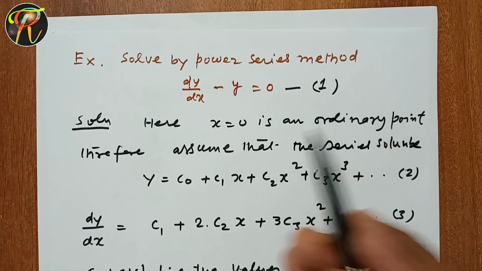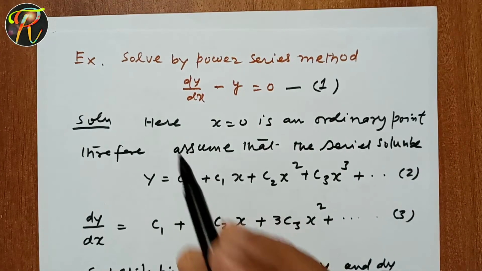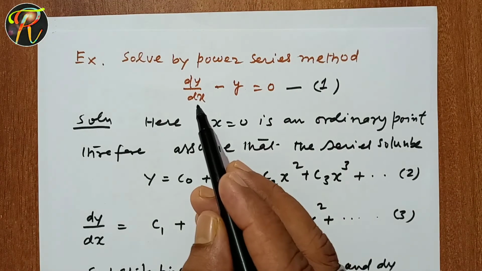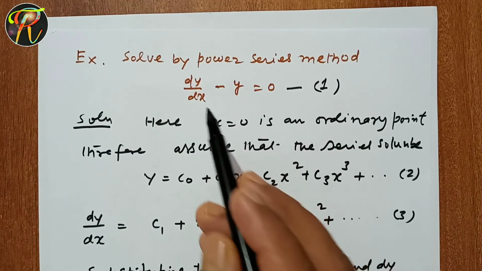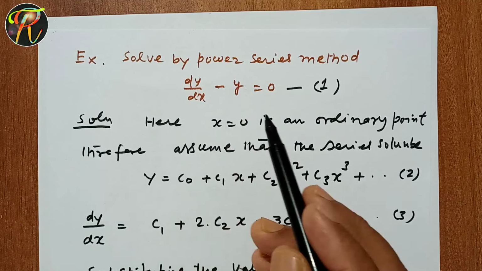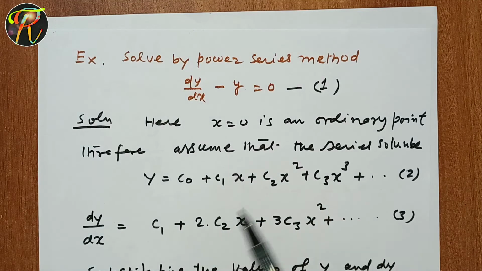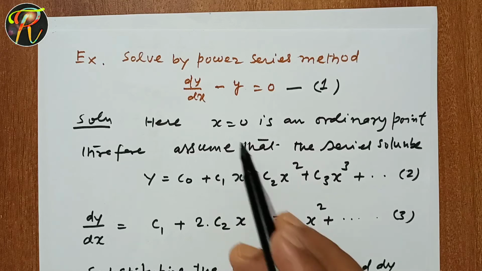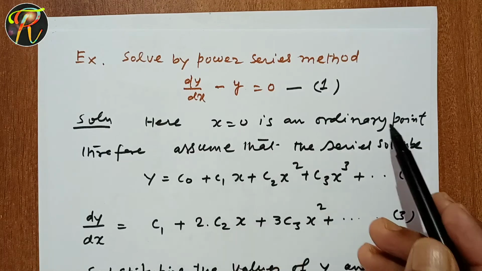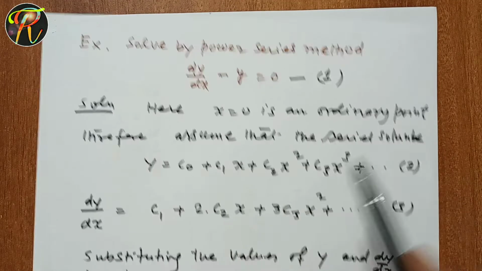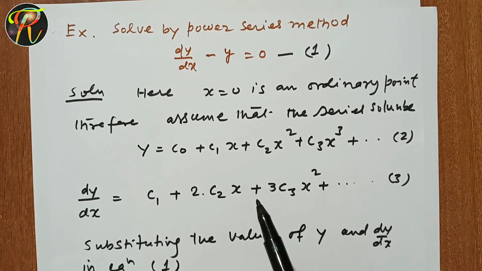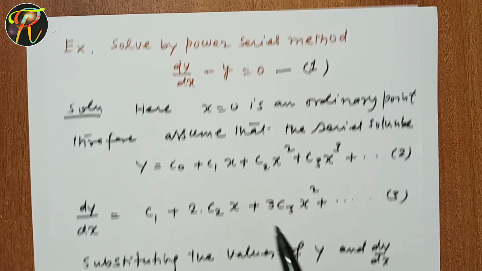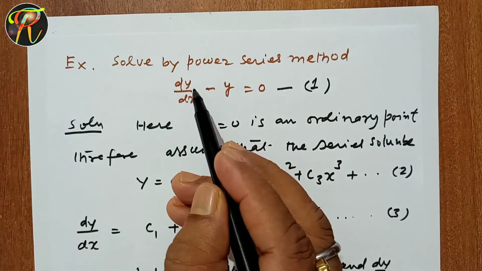So first we see the given differential equation, and first we see what P and Q are. At x is equal to 0, if P and Q are not infinite, then we say for the given differential equation x is equal to 0 is an ordinary point. So we take the series of this form, and then the second step is that we calculate dy by dx.